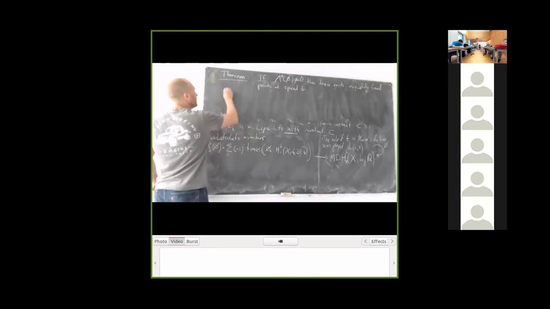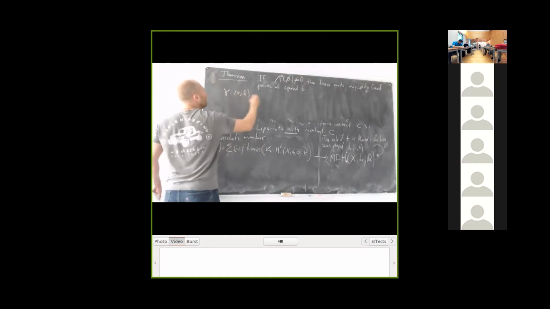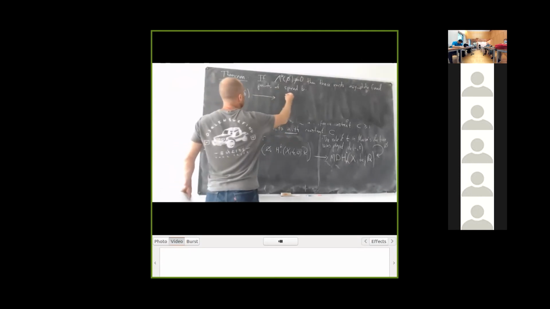It's a gamma from (0, delta) to big X, a subanalytic map.